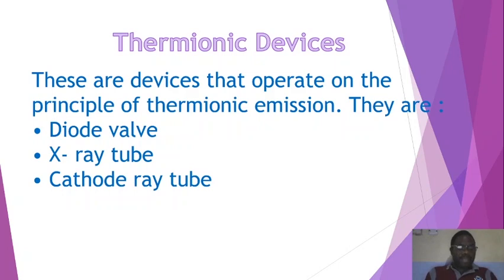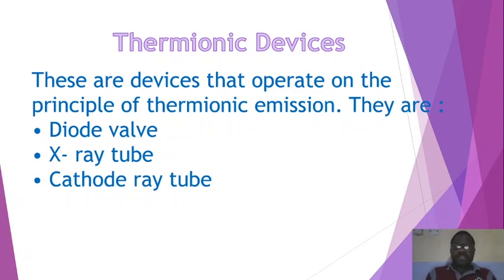Now, we talk about the application of thermionic emission. We said thermionic emissions are applied in thermionic devices. So the thermionic devices are those devices that operate on the principle of thermionic emission.